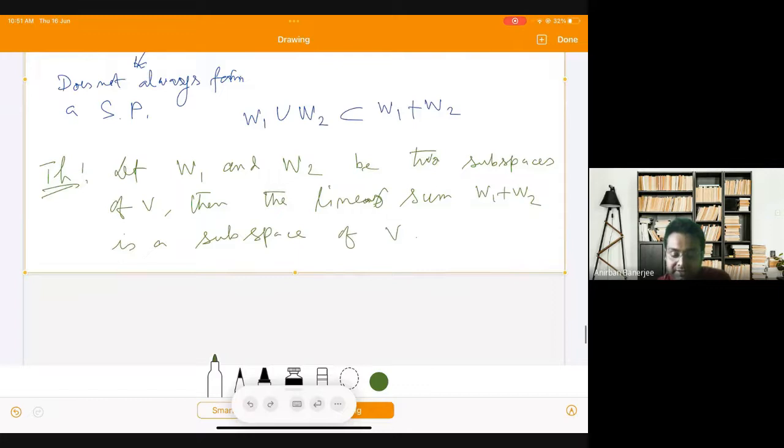But of course, we have seen that the null vector will also belong to W1 plus W2, and what you have to show is that if you take two vectors in W1 plus W2, the linear sum, their linear combination will also be in the linear sum.